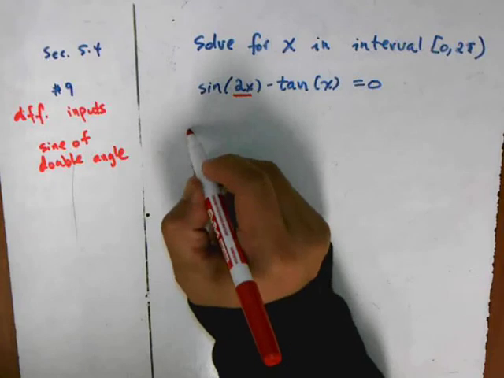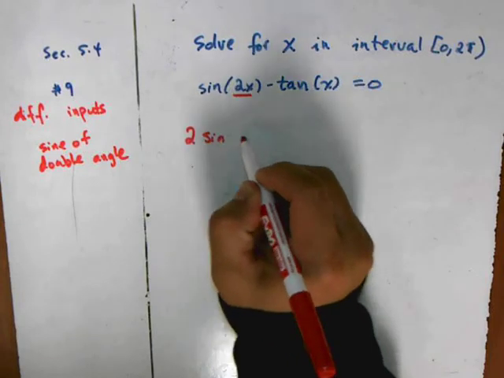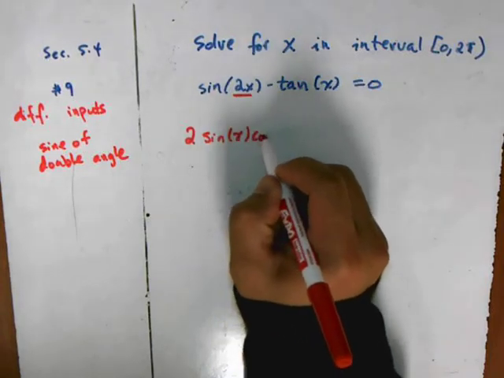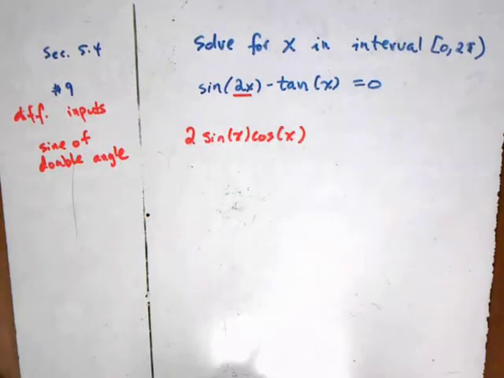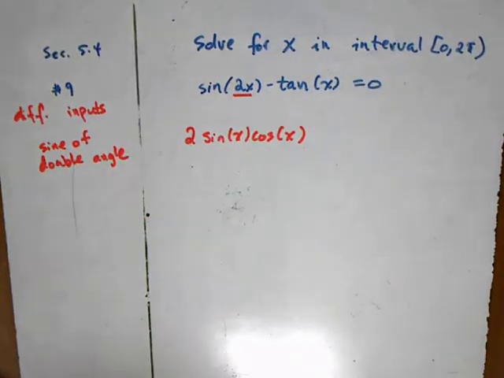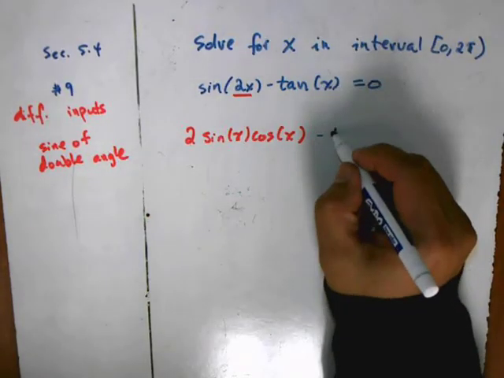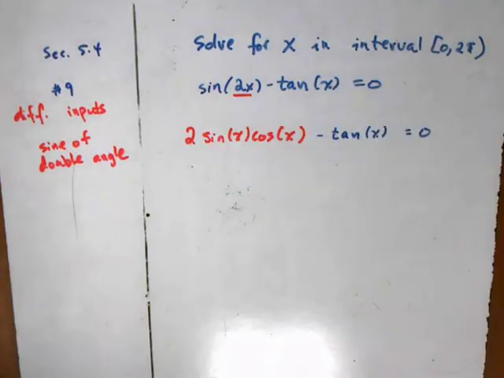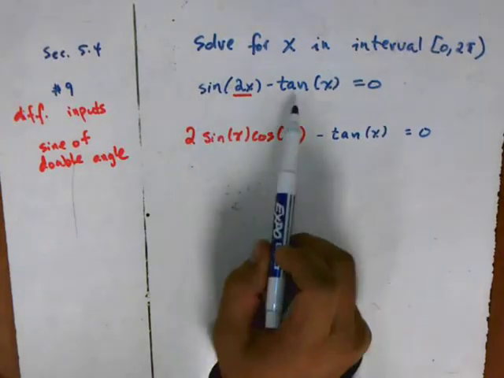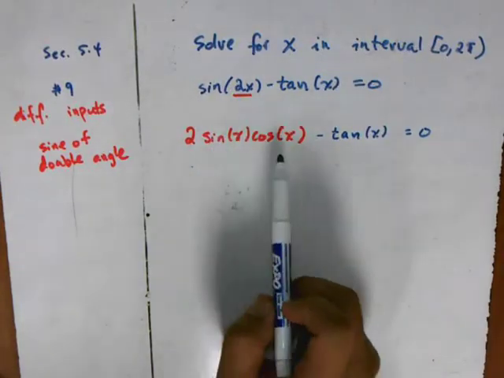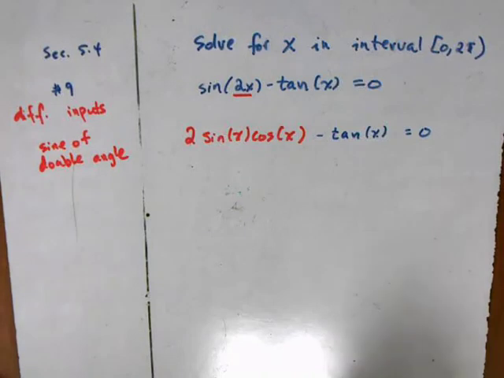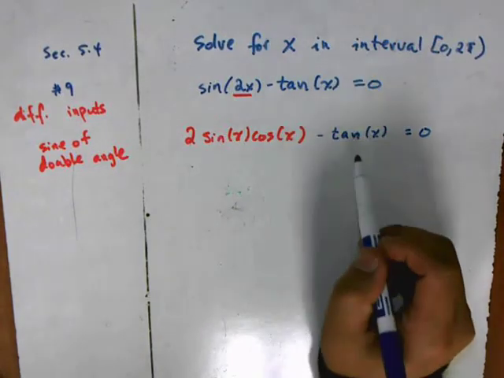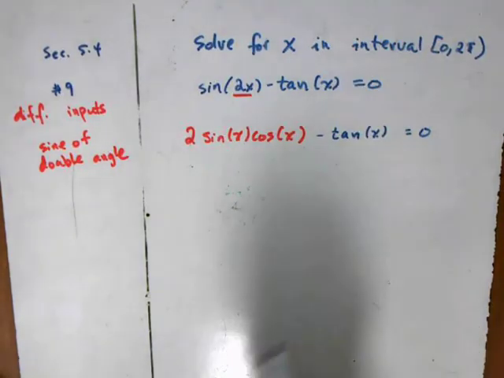So this becomes 2 sine x cosine x, and the rest of the function is still intact, minus tangent of x, the whole thing equals 0. It would seem that at this point I've made things even more difficult. I used to have sine and tangent, now I have sine, cosine, and tangent. But one thing to remember is that tangent is just sine over cosine.